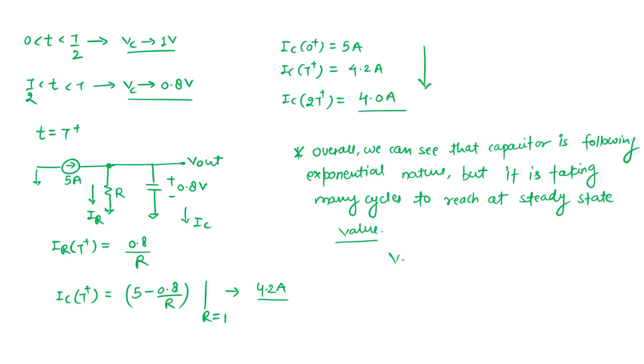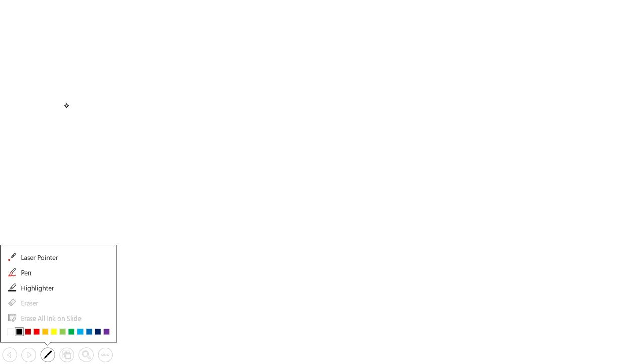And the steady state value, we already know that it is nothing but 5 times R, which is input current times R. Okay, it is taking a lot of cycles. So let's see slowly what is happening in the cycles. Okay, so what is actually happening?